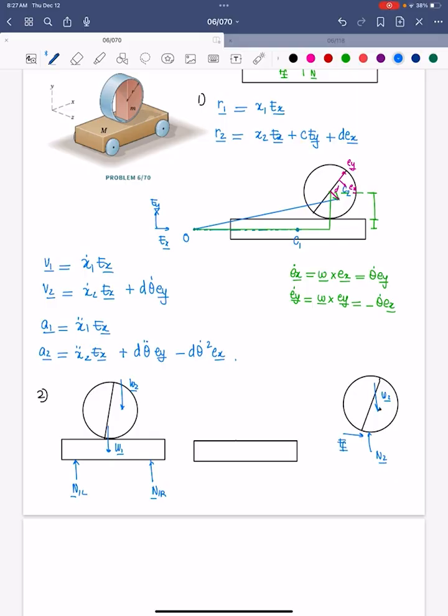So then we have the minus normal force here, minus the friction force, and the weight 1, and the normal forces on the cartwheels, N1 left and N1 right.